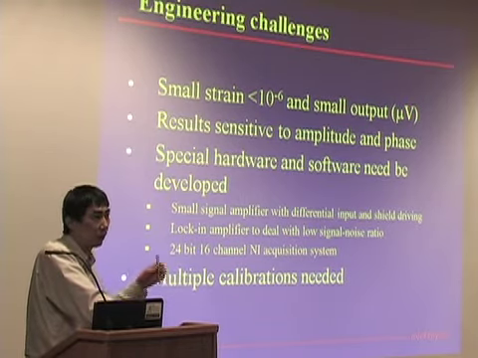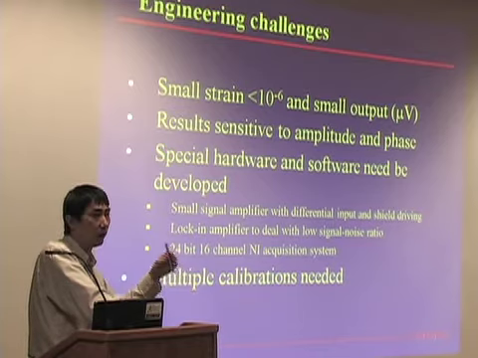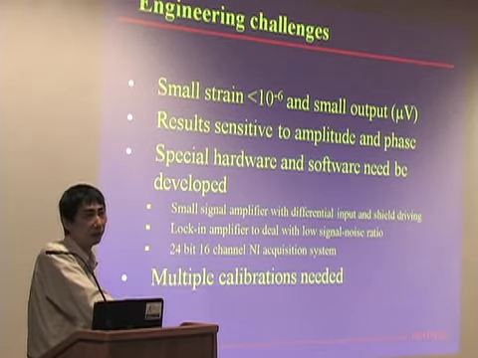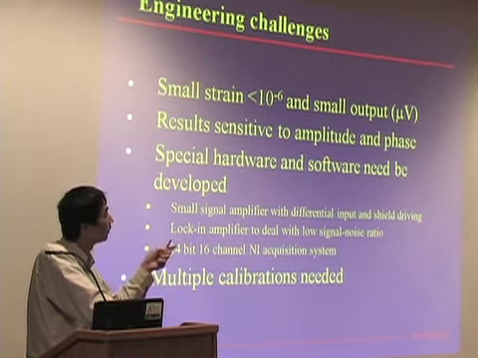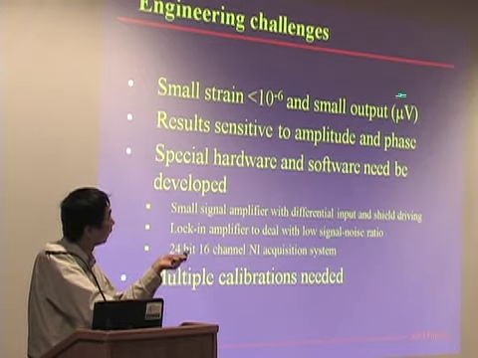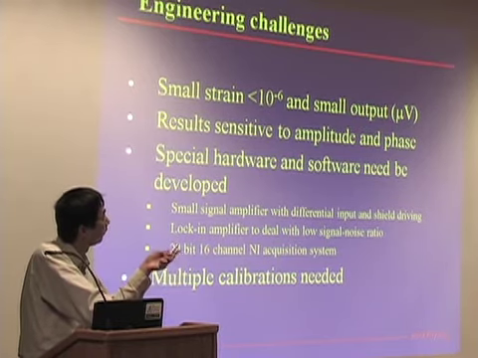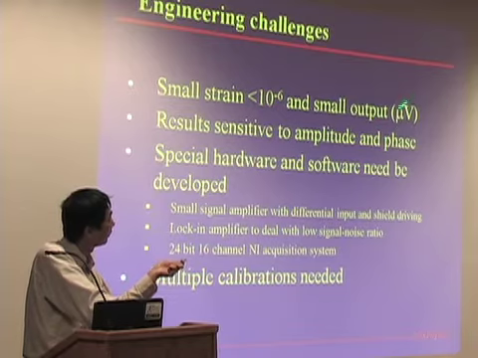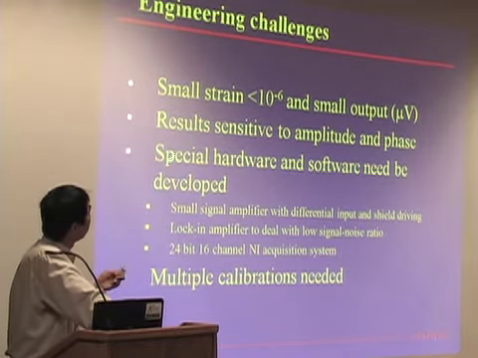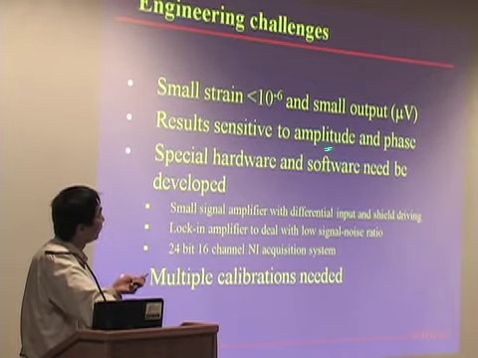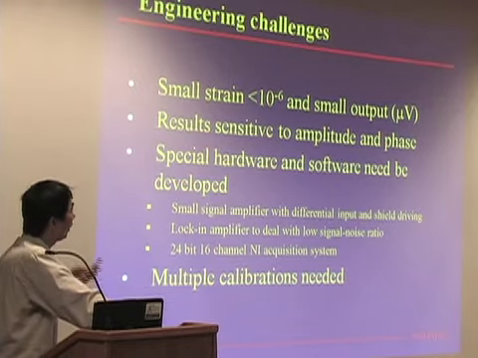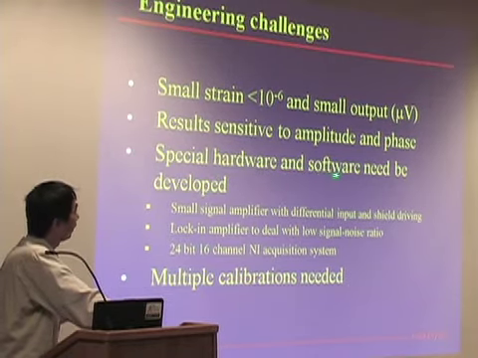And we know in today's environment we are full of electromagnetic noise, and this noise level can easily go to 10,000 times our signal. It's in millivolts, and our signal is microvolts. And the result of my measurement is very sensitive to both the amplitude and the phase. So we have to take a lot of special care, both on the hardware and the software.